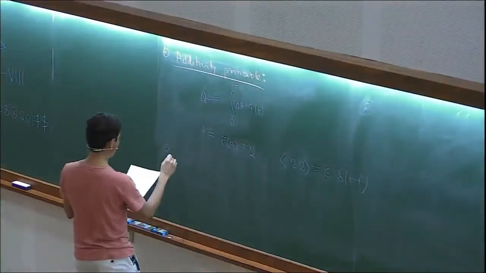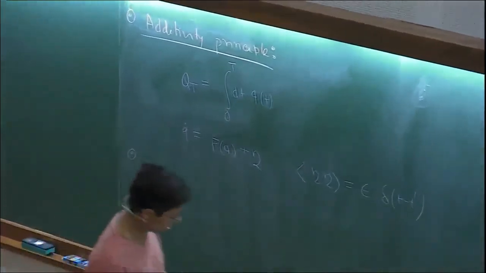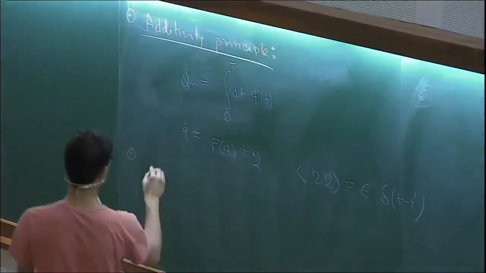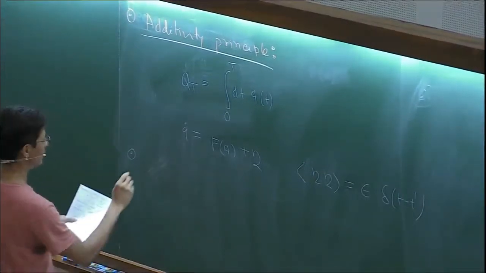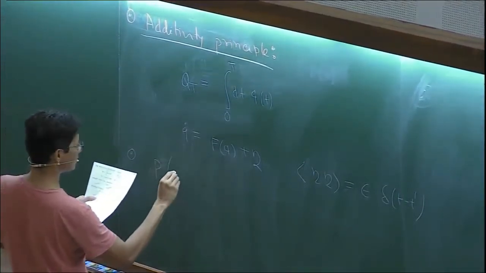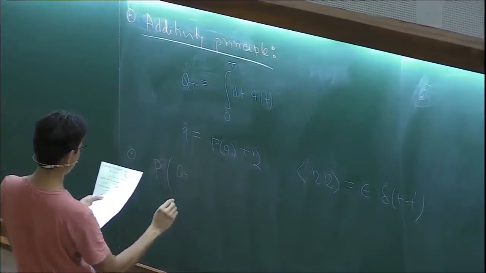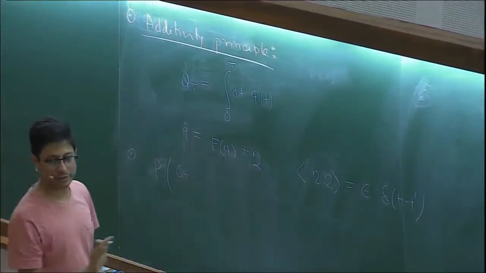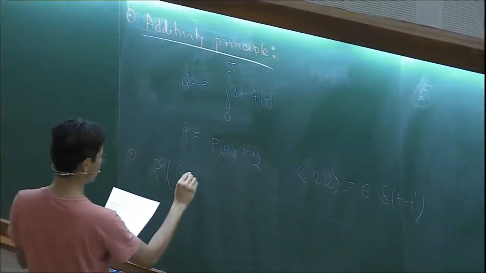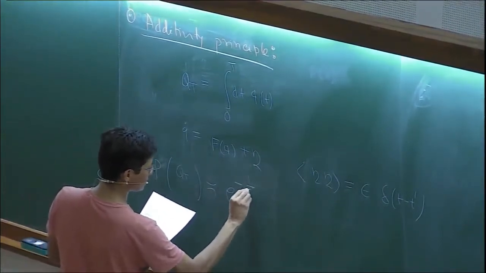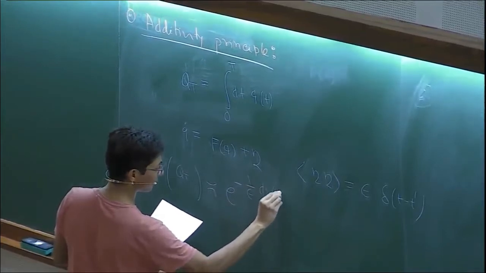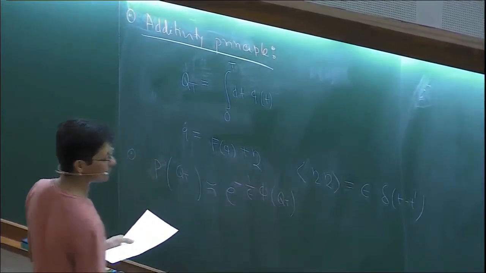Now what I'm going to do is look at this generating function. The property that we would like to study is the probability. Right now I'm not considering t to be very large. What I want to study is whether there is a large deviation form like this for this problem.